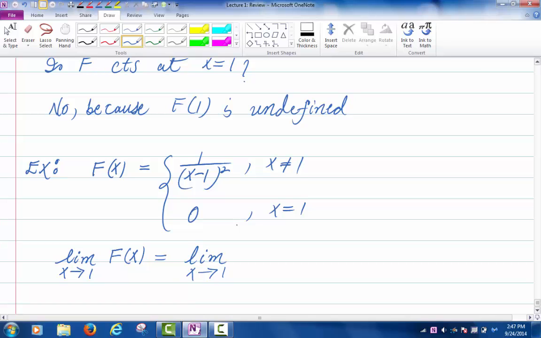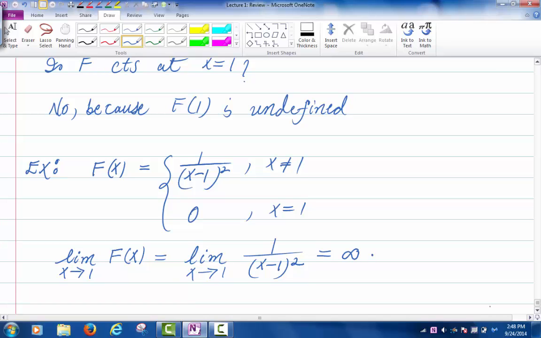So when x is close to 1 but not equal to 1, the value of the function is given by 1 over (x minus 1) squared. Because the numerator has a non-zero limit and the denominator has limit 0, the ratio will have limit plus or minus infinity. In this case it's plus, because the ratio is positive when x is close to 1. Okay? So the limit is not even defined as a number, so it cannot be equal to the value of the function at 1. Right?